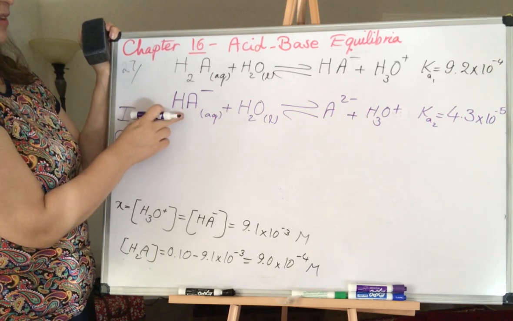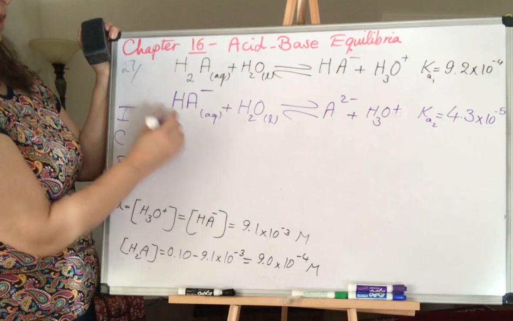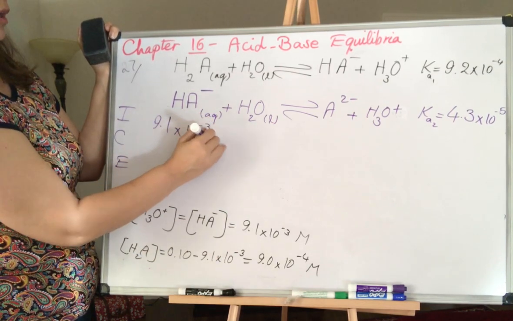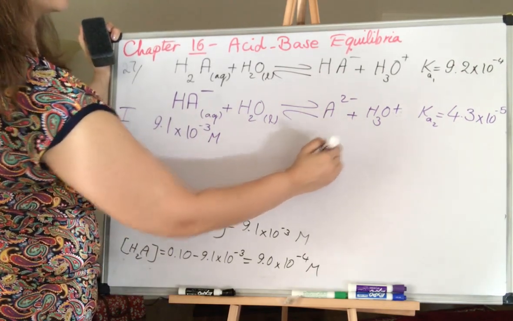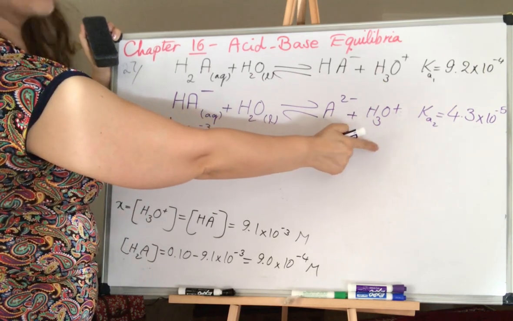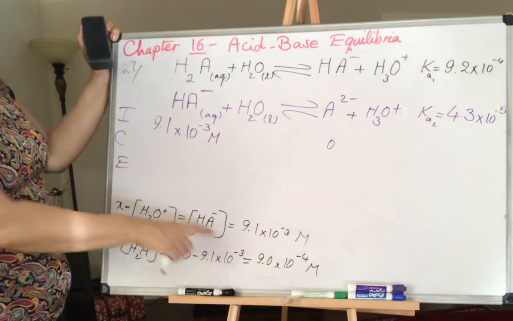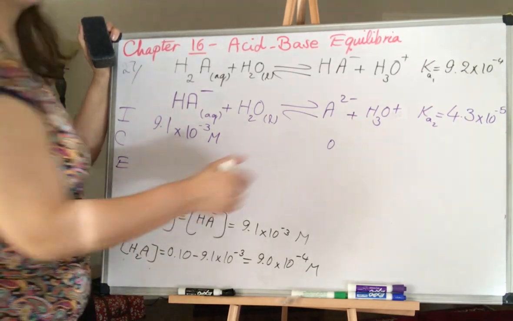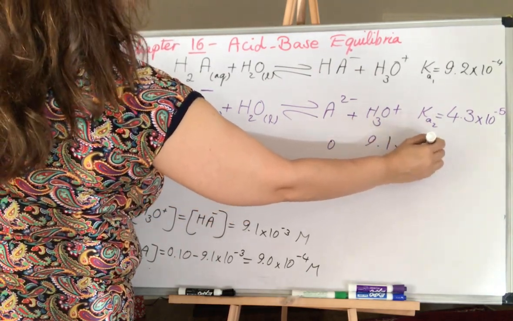Now, what was the value for HA that you found? What you found, you put it here: 9.1 times 10 to negative 3. And for A2 negative, we don't have it, but you have a value for H3O. That's the first time you have something for a product. What was the value for H3O? That's the same, right? 9.1 times 10 to negative 3 molar.